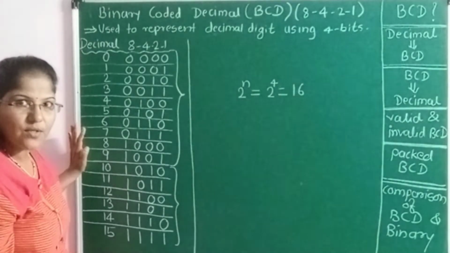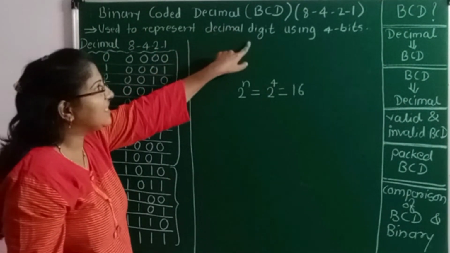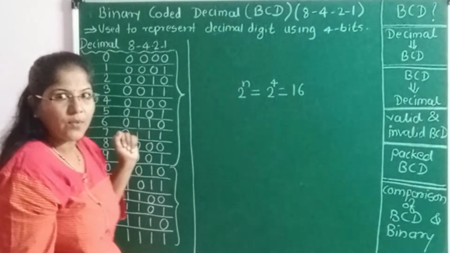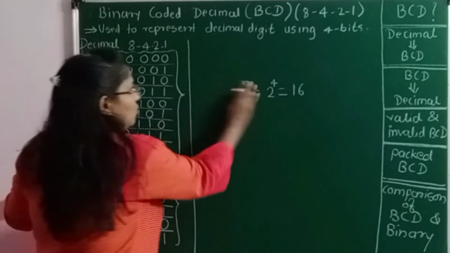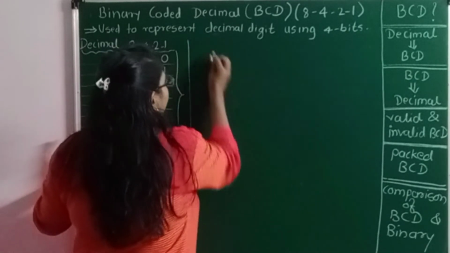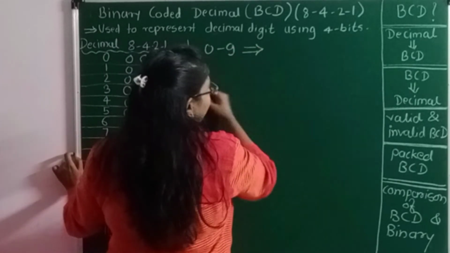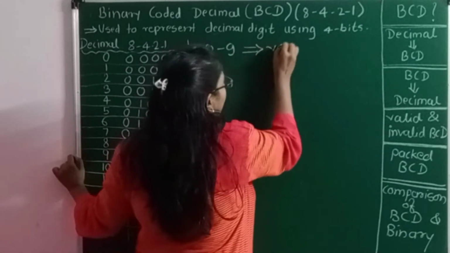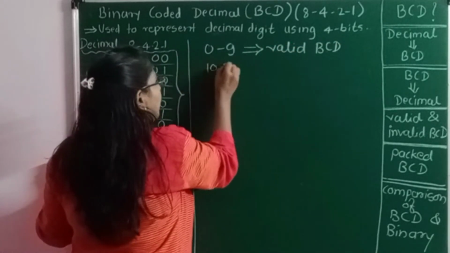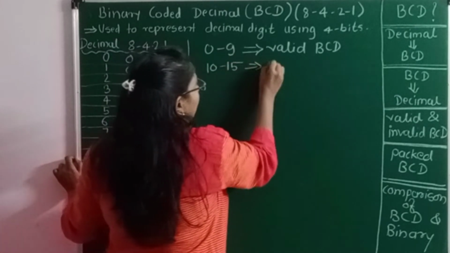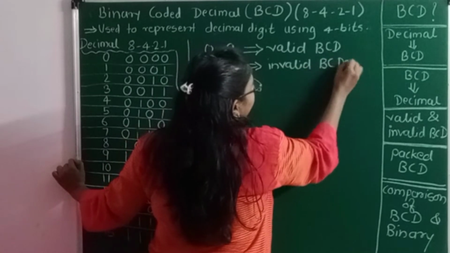weighted values. But see, BCD code is used to represent the decimal digit using the 4 bits. So here the decimal digits are from 0 to 9 only. So 0 to 9 BCD representation is called the valid BCD, and then 10 to 15 are called the invalid BCDs.